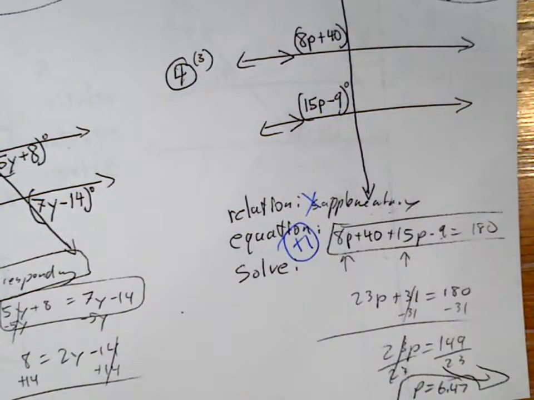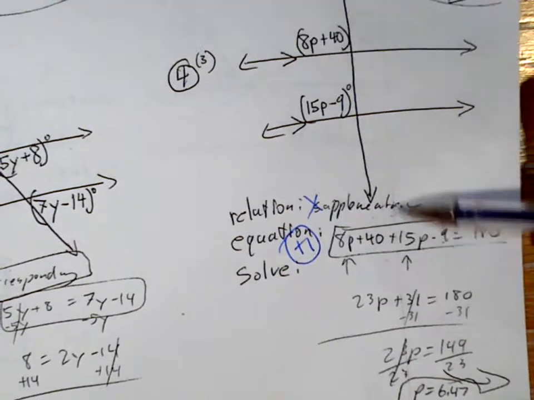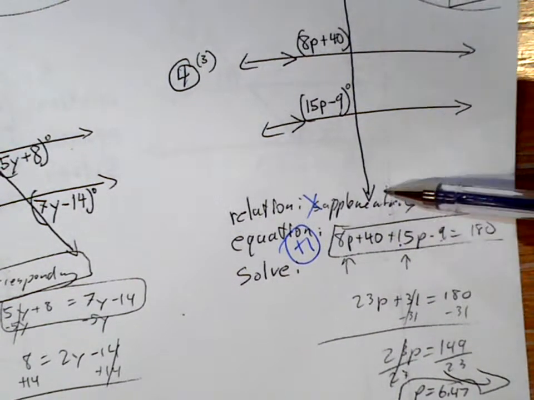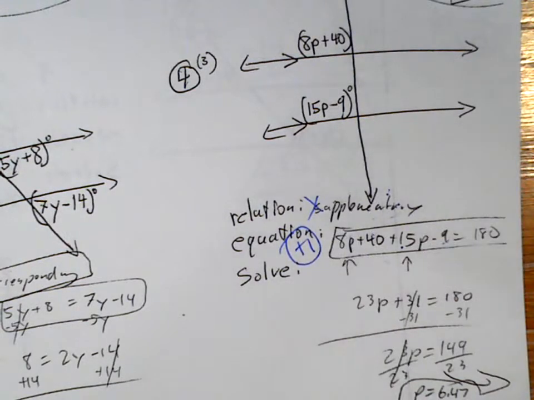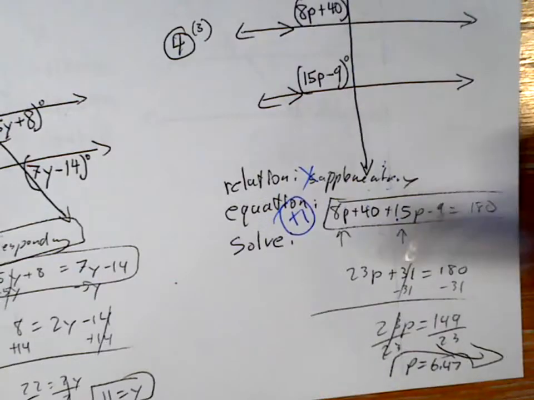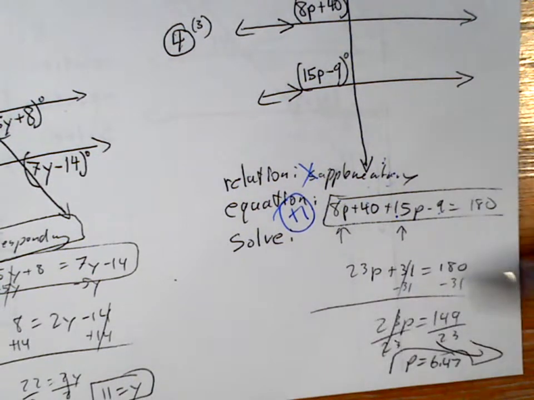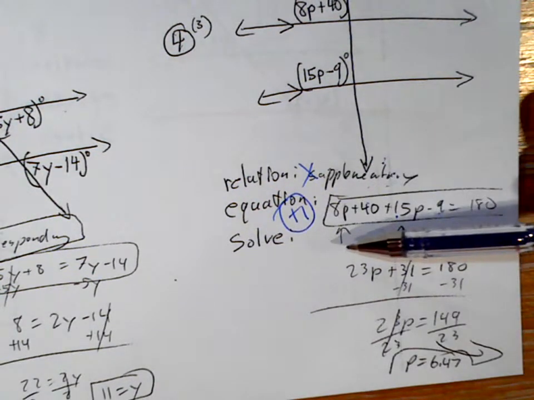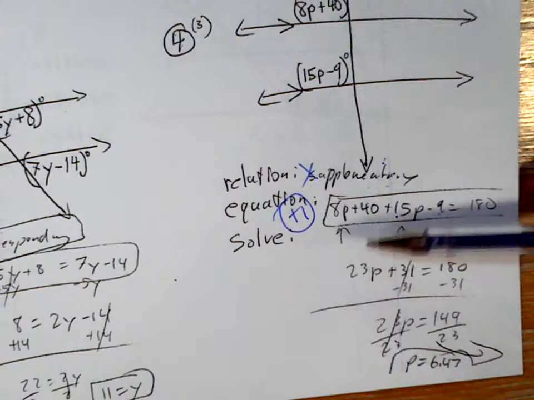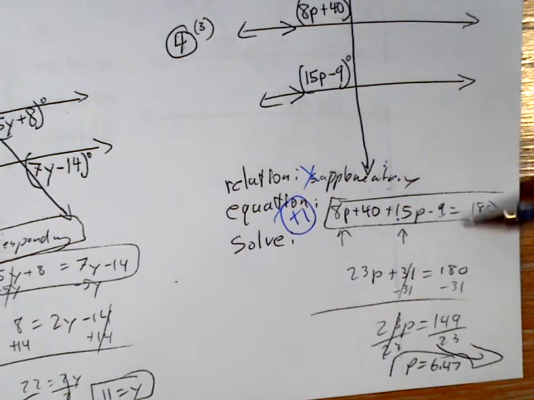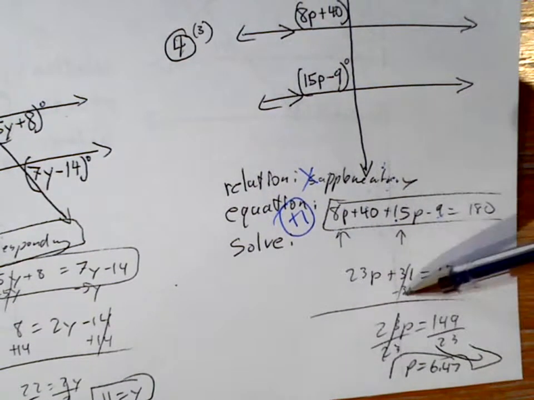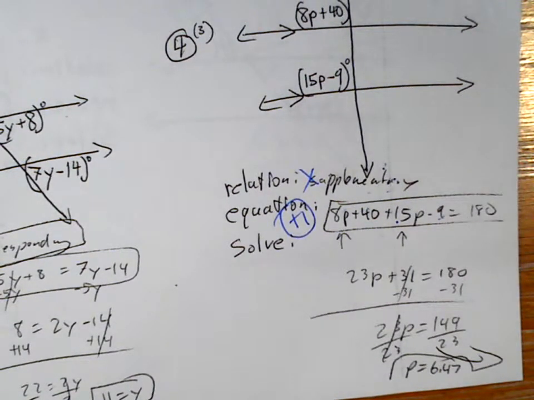Even though it's not correct, this matches this, so we're still going to give him partial credit. And then he goes ahead and solves, and he did that. So it's still possible to get partial credit, and that's what I want to show you guys for your exam tomorrow. You can't remember the angle relation? Put something in there. If it's wrong, and this is still correct, and this is still correct, 2 out of 3 points is not bad.